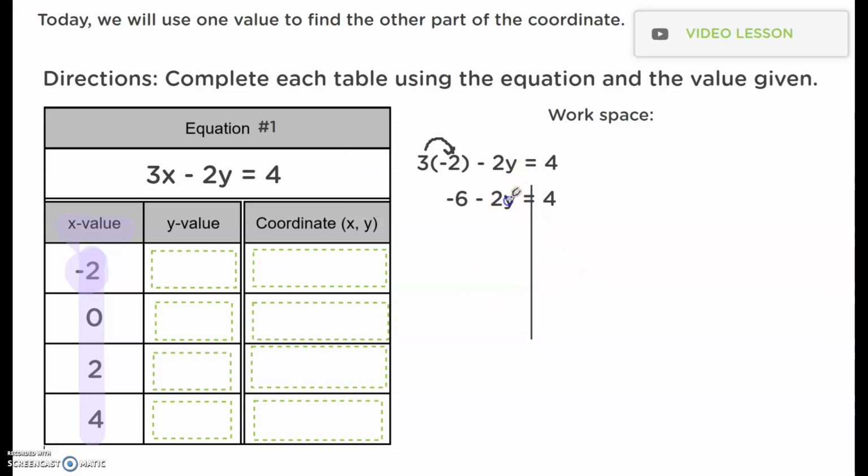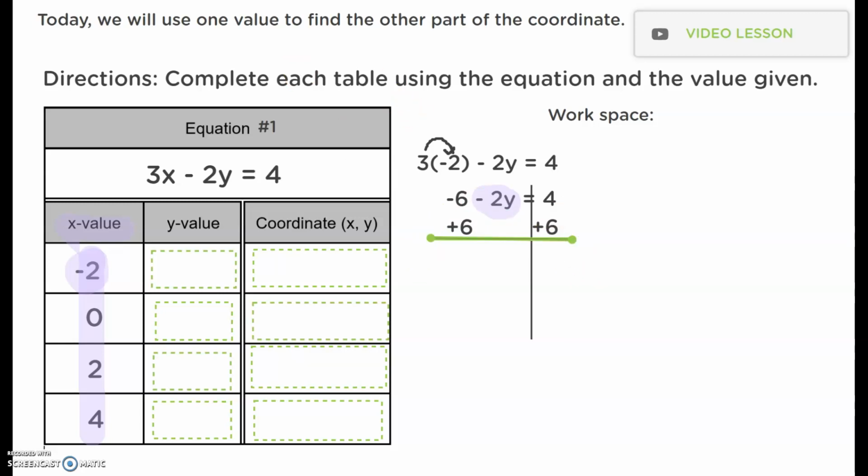I look for my variable and my variable term, and I save that number for last. So let's get rid of the -6 by adding 6 on both sides.